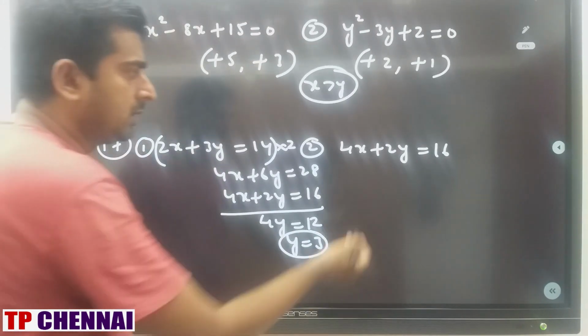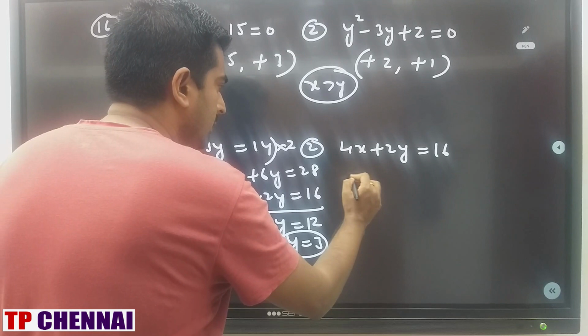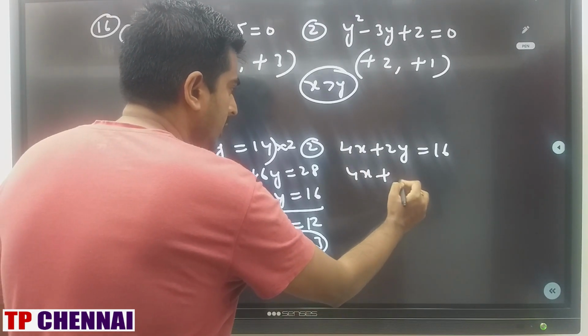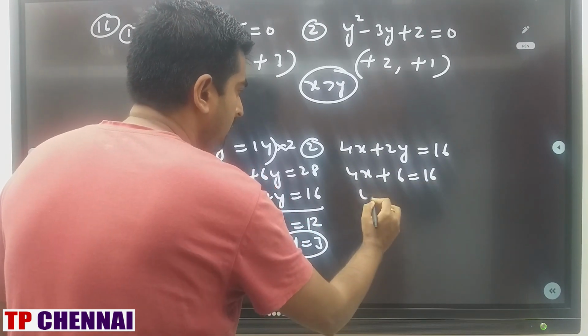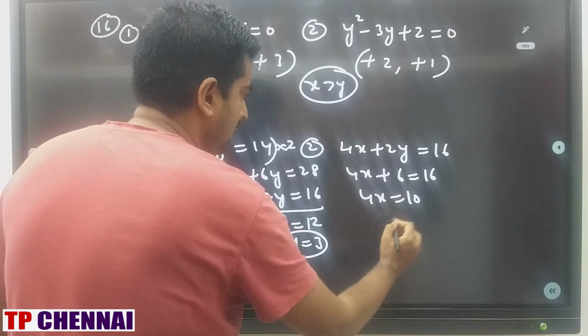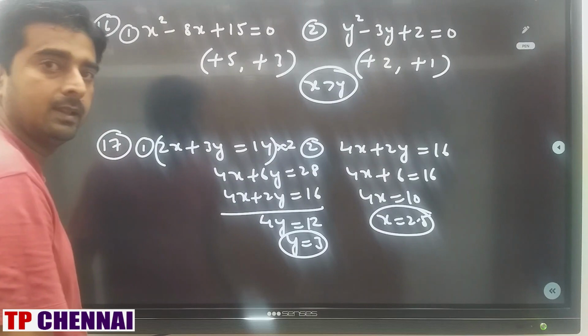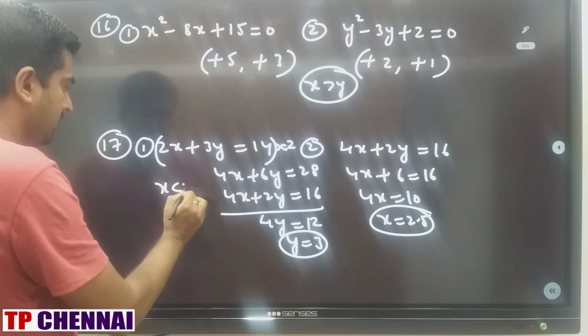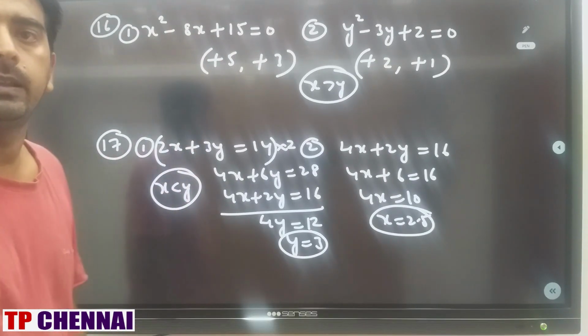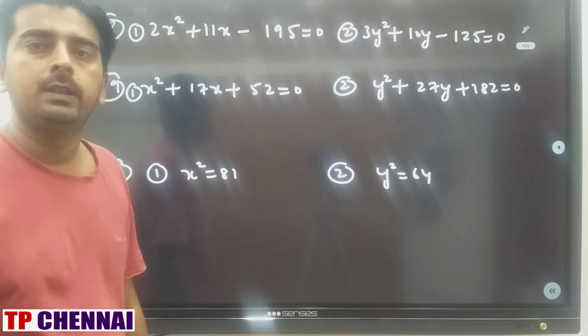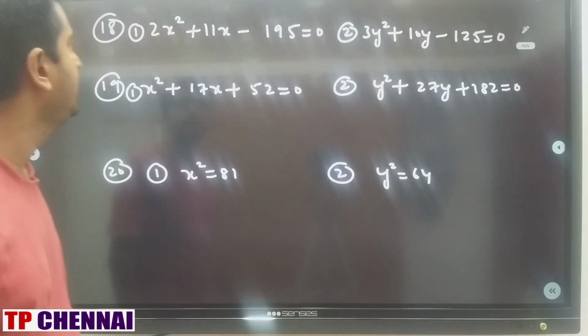Y is equal to 3, you keep here. So 4x plus 6 is equal to 16. 4x is equal to 10. X is equal to 2.5. So what is my answer? X less than y. So I hope you are clear with the 17th one. Now we'll see the 18th one.